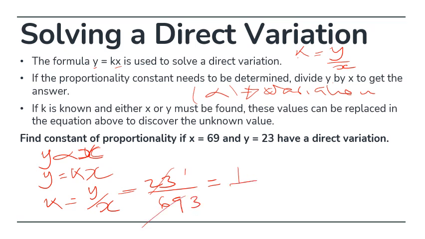So our proportionality constant k is 1 over 3, which means this remains constant for whatever happens to the variables. It has to remain constant for this to still remain a direct variation.